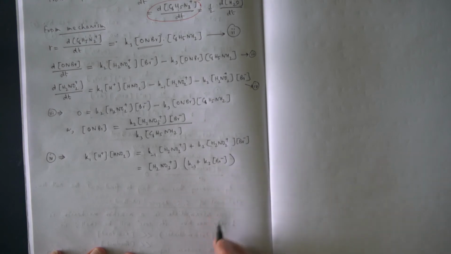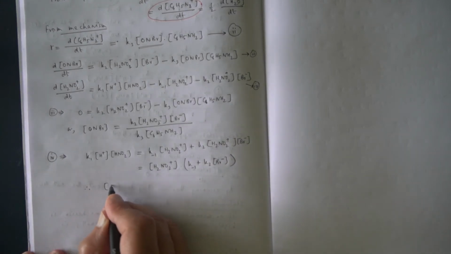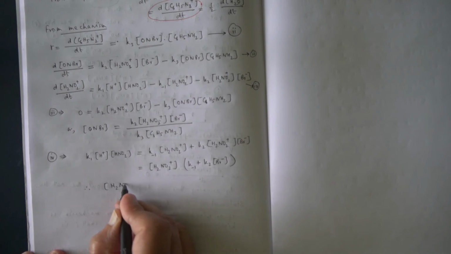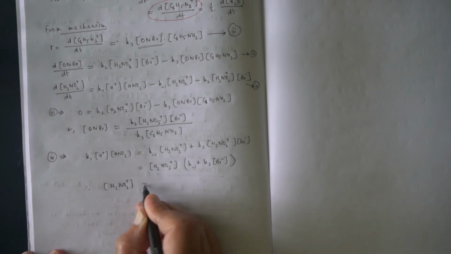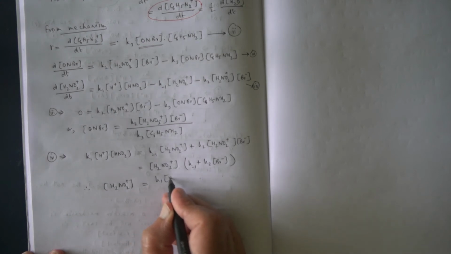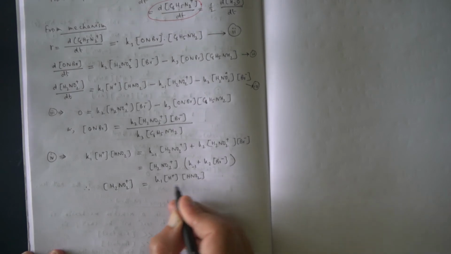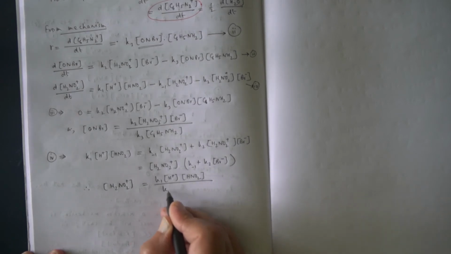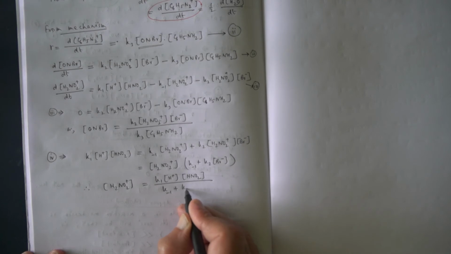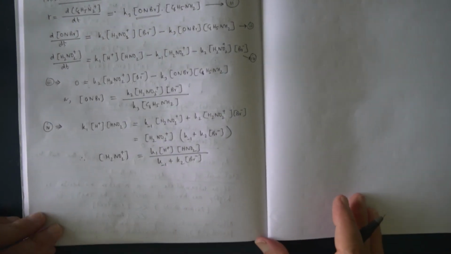Hence [H2NO2+] equals K1 [H+][HNO2] over K−1 plus K2 [Br−]. Okay, we are getting this.